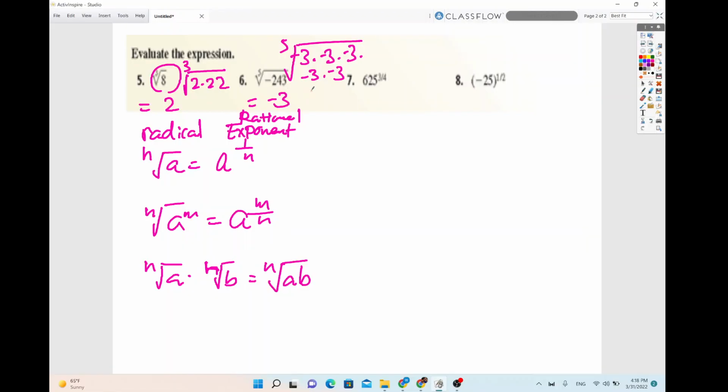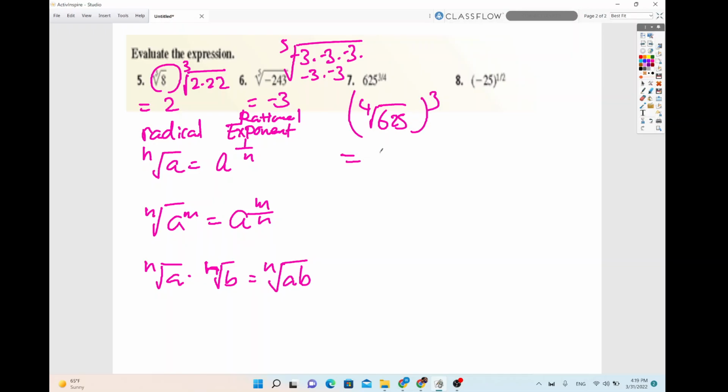And then 625 to the power of 3/4. Let's rewrite this in radical form. We can always convert vice versa, going from right to left, left to right. So 625 to the power of 3/4 can be written as the 4th root of 625, quantity to the power of 3.